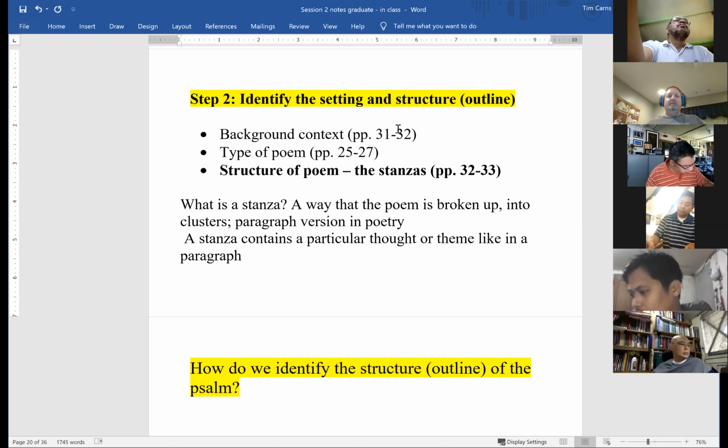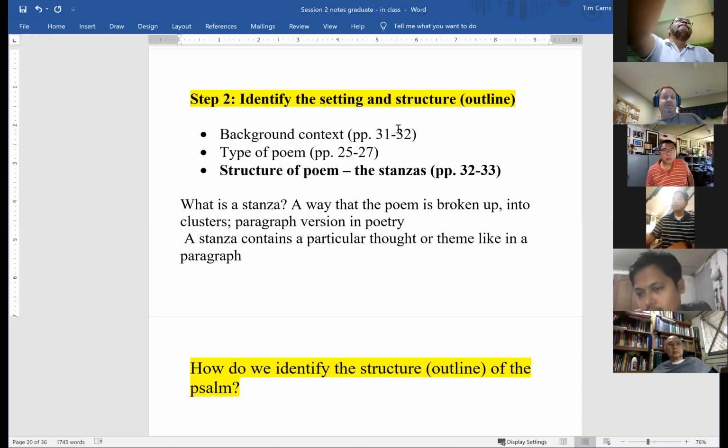It's just like in our songs today. We'll have a stanza, which usually is several verses surrounding a particular theme. Then we'll have a chorus, and then we'll sing another stanza, which gives attention to another particular topic or thought, and then sing a chorus.